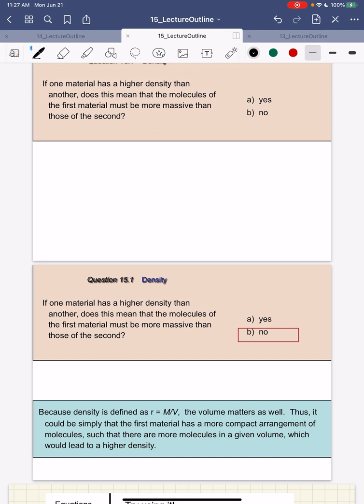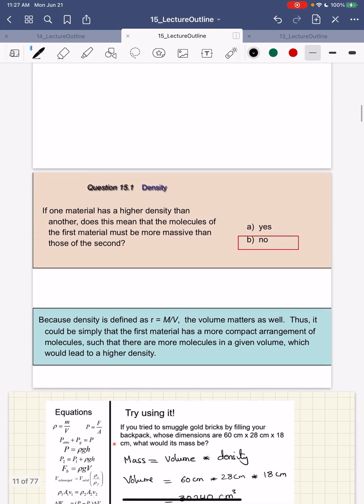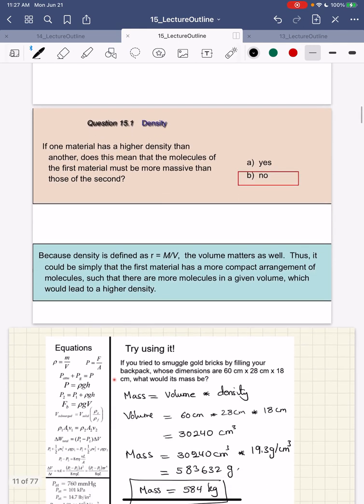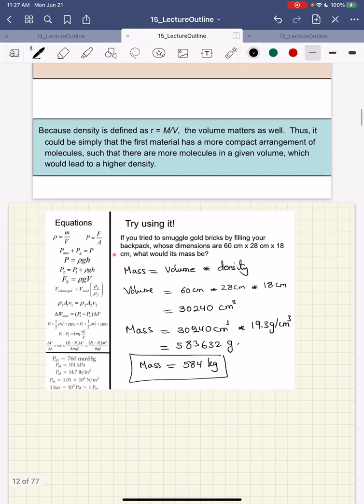The one with the higher density is going to have a more compact arrangement of molecules, but that doesn't mean that it is going to be more massive. We need to relate both mass and volume here.